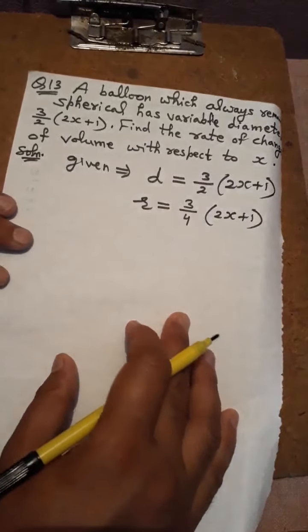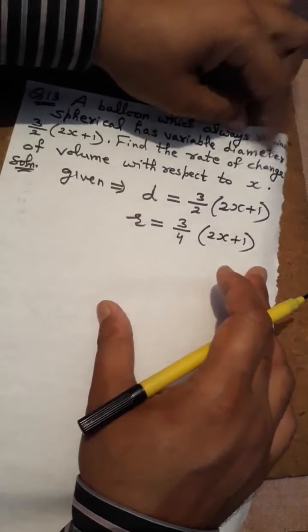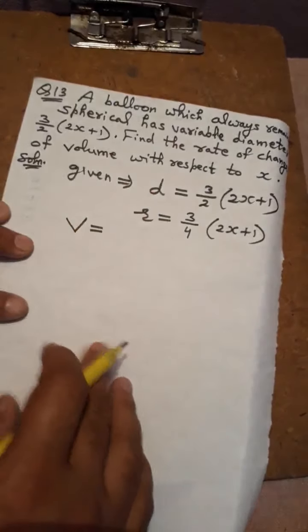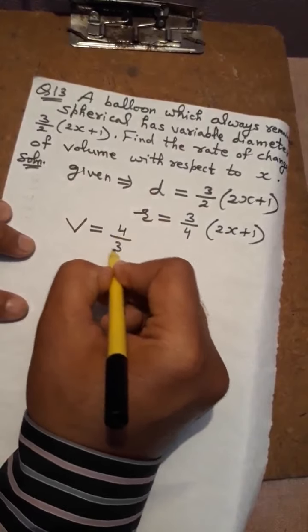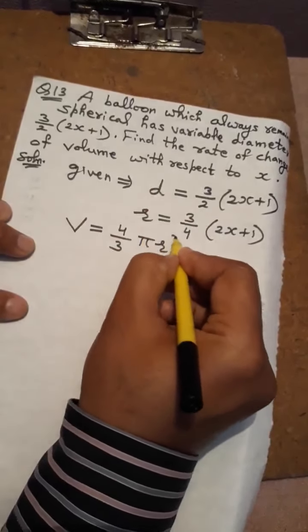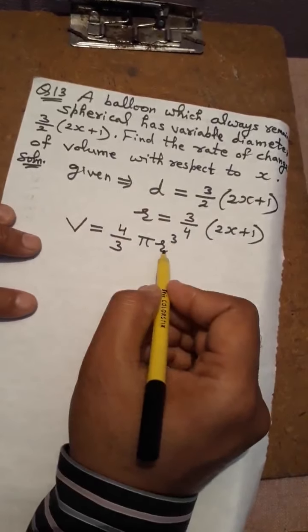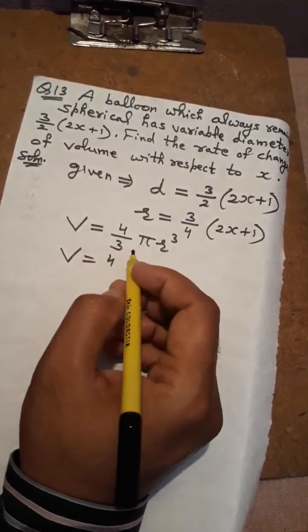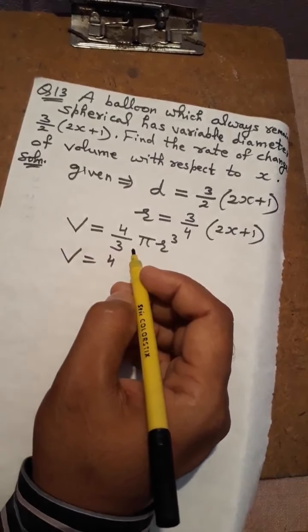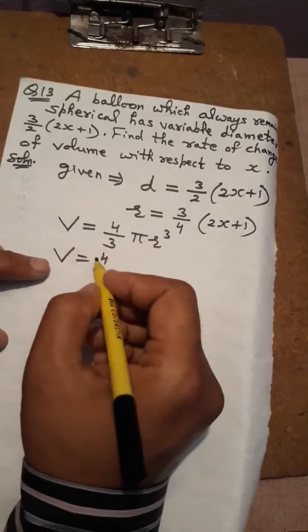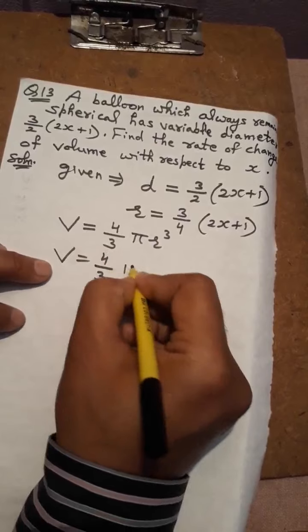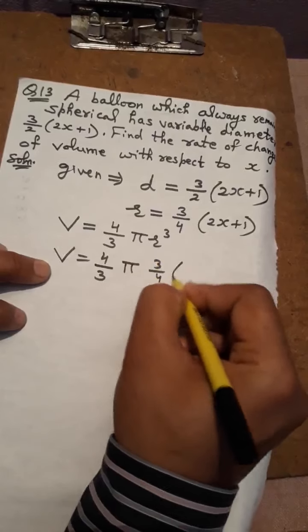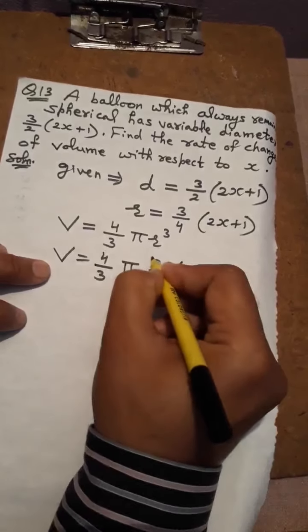Now we have to find the rate of change of volume. As you know, the volume of a sphere is 4 by 3 pi r cube. Now put this value of r in this equation. V is equal to 4 by 3 pi into 3 by 4 into 2x plus 1 whole cube.